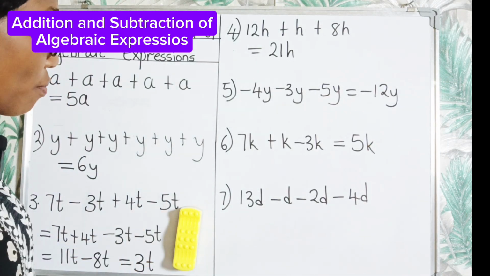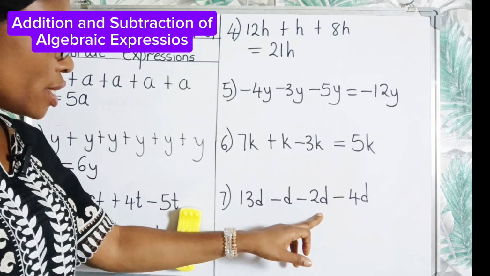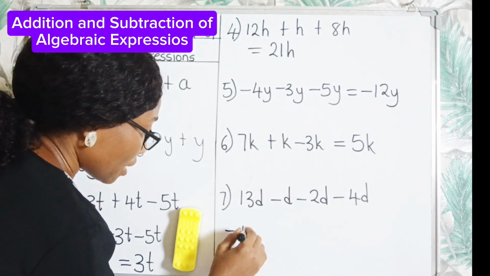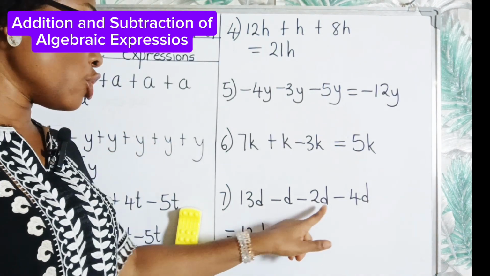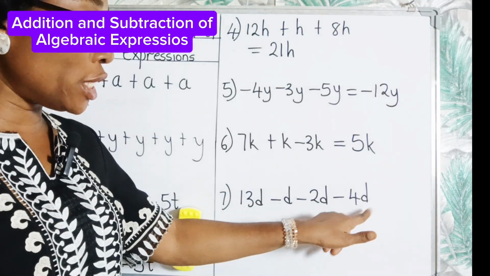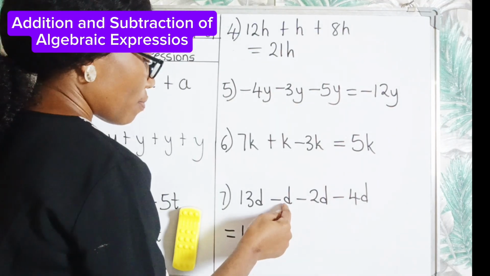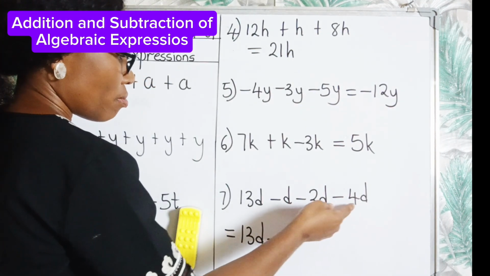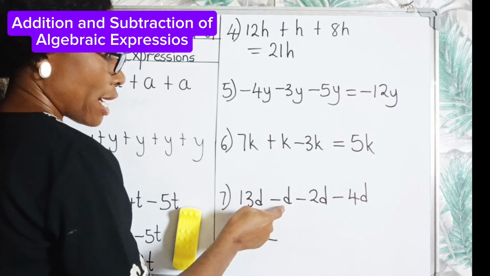Okay, so here we have 13d minus d minus 2d minus 4d. So here I have 13d minus d minus 2d is minus 3d. Minus 3d minus 4d is minus 7d. What did I do? I added the coefficients of d. Minus 4 minus 2 is minus 6, minus 6 minus 1 is minus 7.